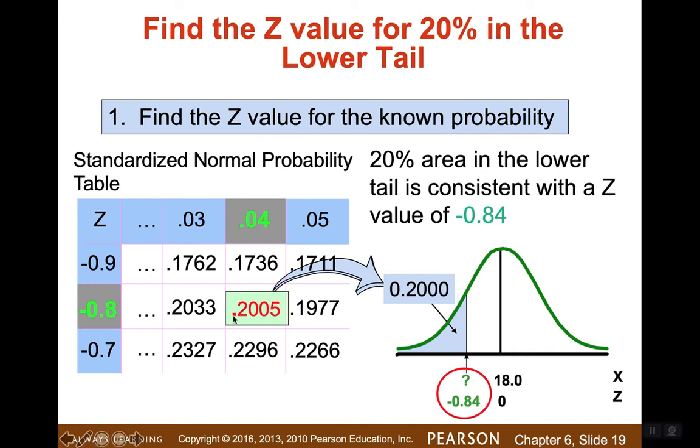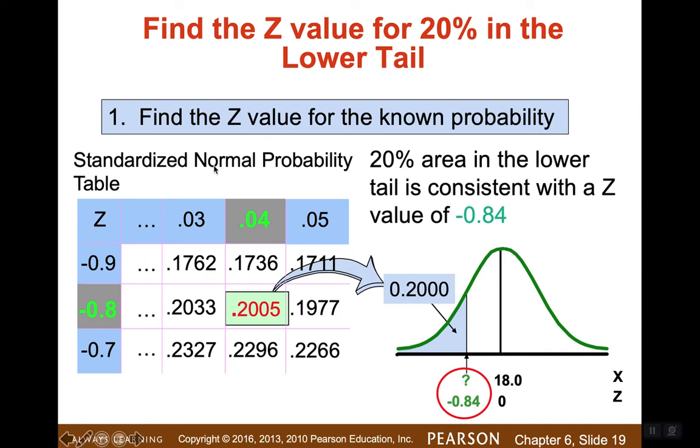So you read this as the 20% probability, and 0.84 is our z value. Okay, so that makes sense.